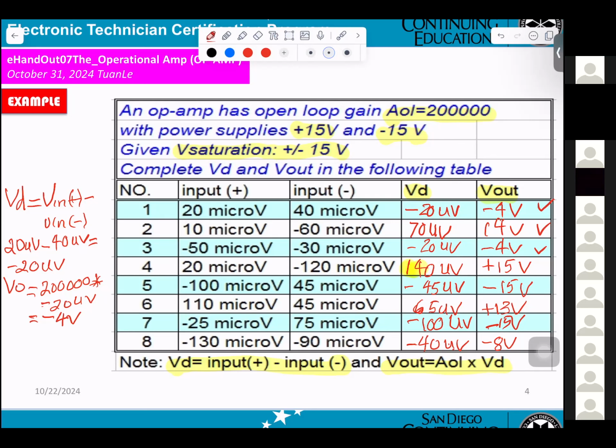In this case, they gave you V saturation of plus or minus 15 volts. That means the output cannot get higher than either plus or minus 15 volts. Any question about this example?